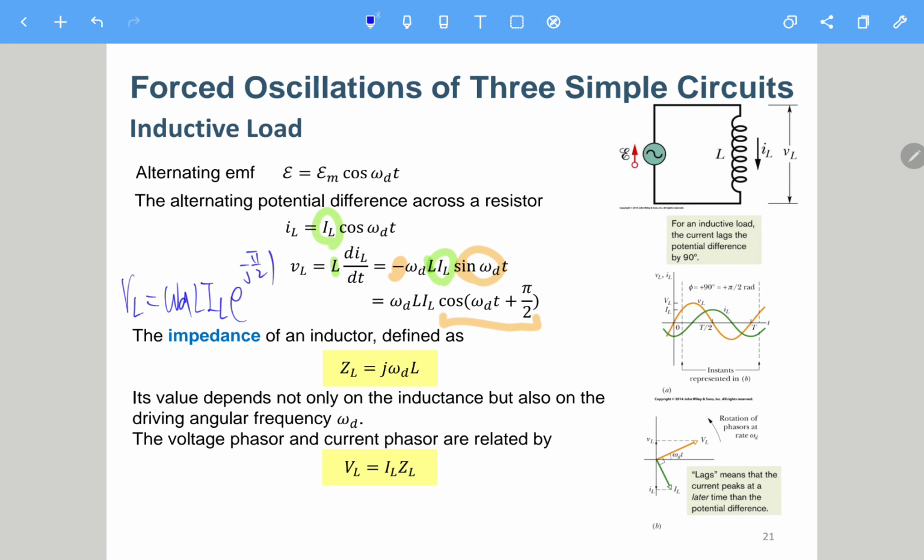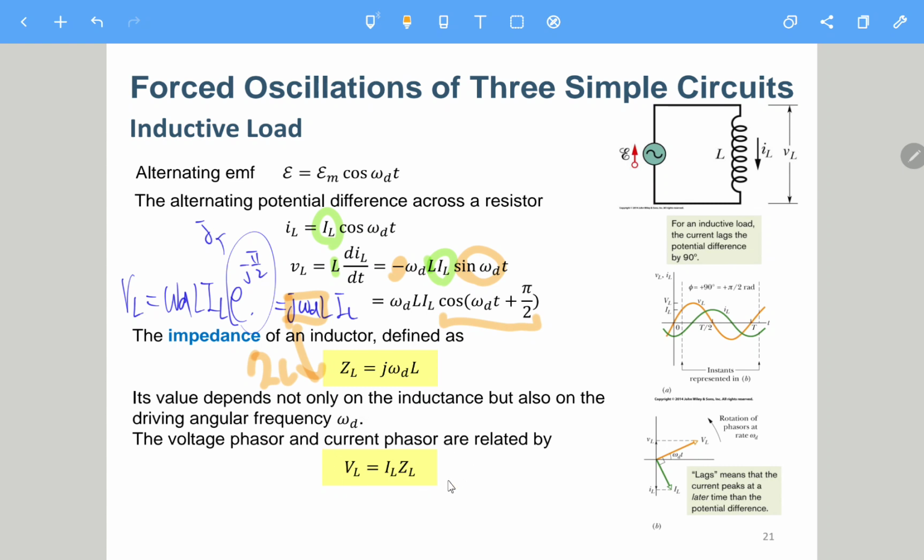Exponential of j pi over 2 is actually j. So it becomes j omega_d L I_L. Here we consider this one to be Z_L. If Z_L is j omega_d L, it becomes V_L equals I_L Z_L.